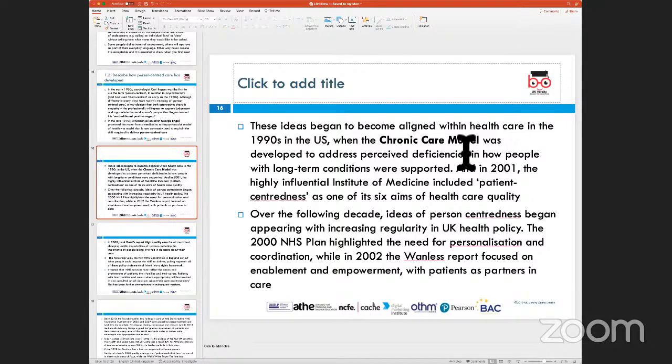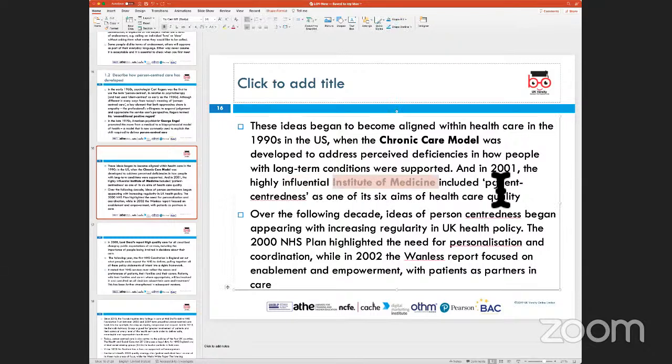This model was then taken forward by the Institute of Medicine, or IOM, in the US, wherein they coined the term person-centered approach as one of the six aims of the care quality plan which they introduced in the US.